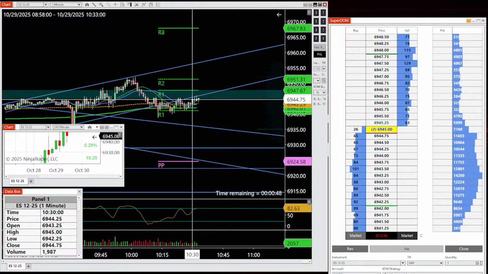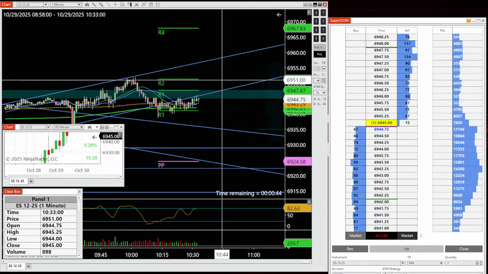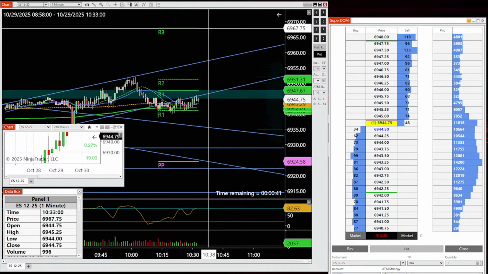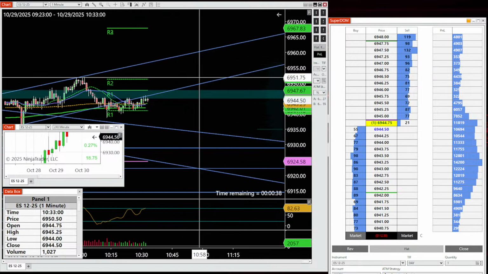If we're gonna go higher, we need to get some space. We need to get above this R1, so if we're looking to get to R3, we're gonna need some space.